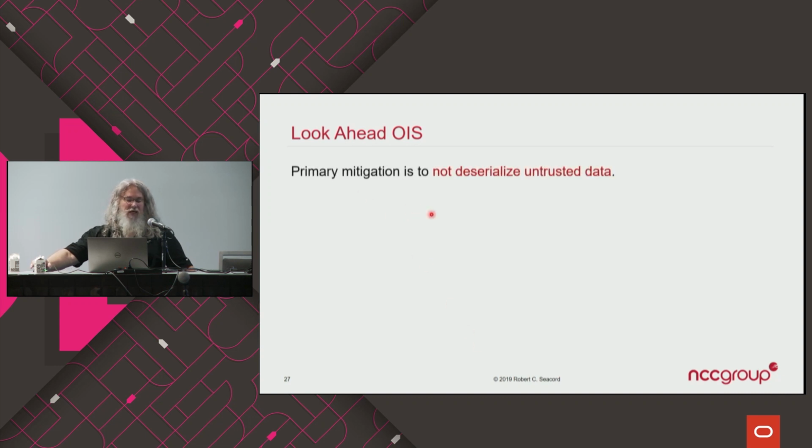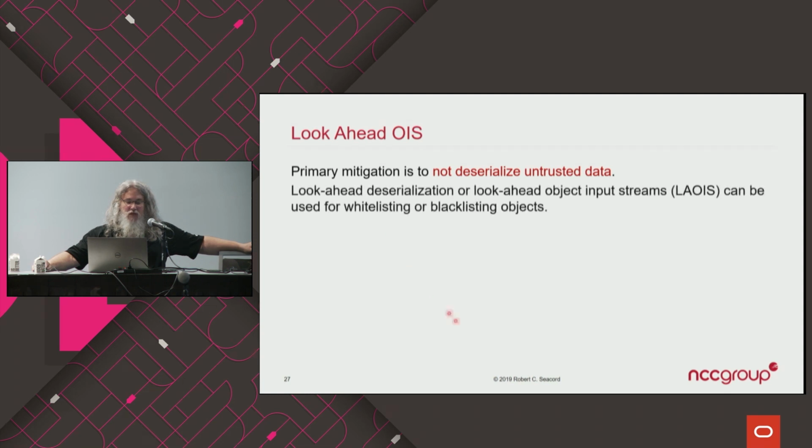So the primary mitigation, I wanted to talk about look-ahead object input streams, and if I get this anywhere near any NCC Group employee, they'll say, make sure you tell them just not to do this. Right? So this is basically the warning. Just don't deserialize untrusted data. But look-ahead deserialization, or look-ahead object input streams, can be used for both allow listing and deny listing of objects.